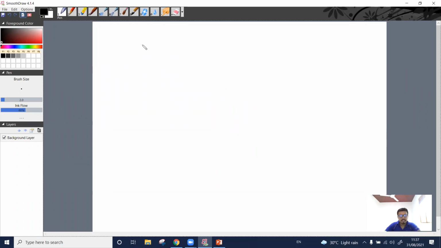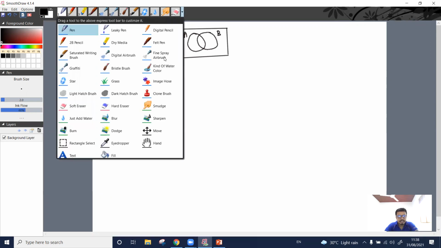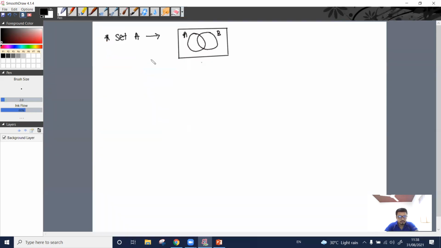We'll take some examples like this. Set A. This is A, this is B. Set A and set B. What is the area that represents set A? Where does set A get represented? Is this set A?